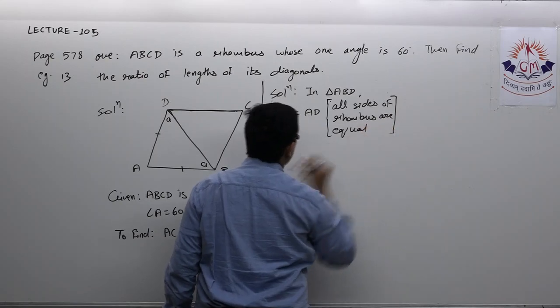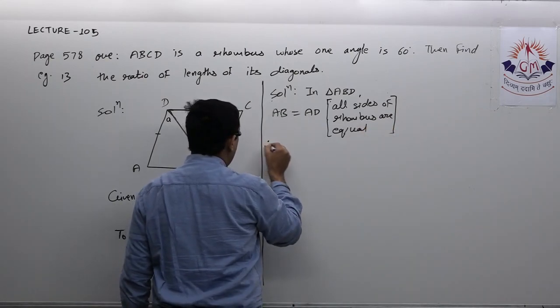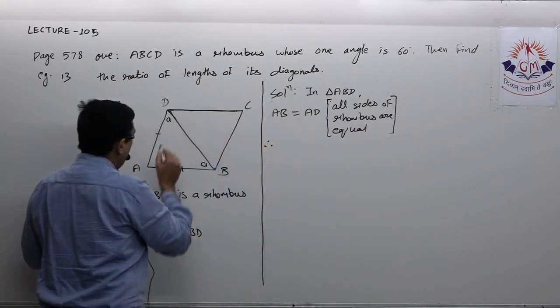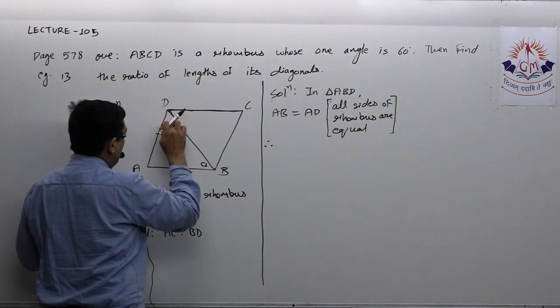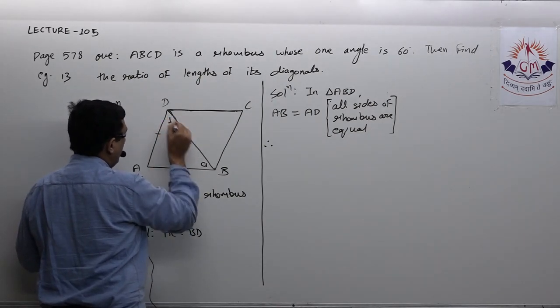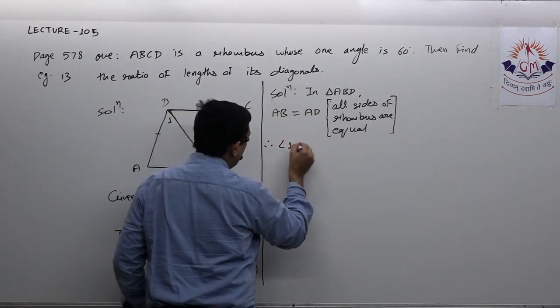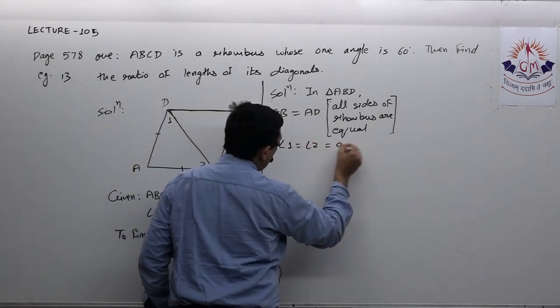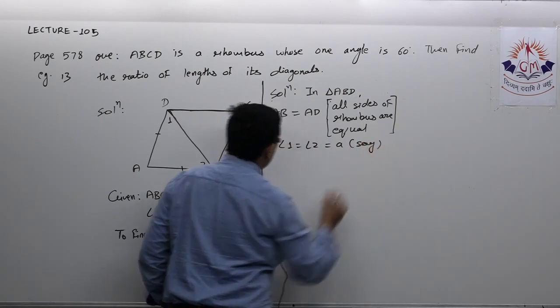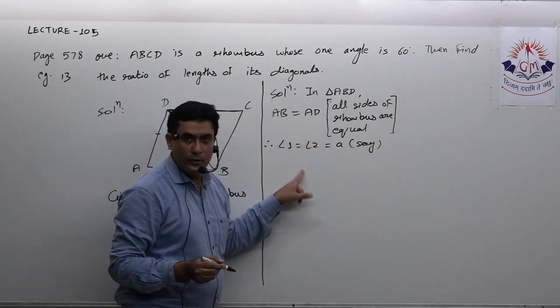Therefore, as AB equals AD, let it be angle 1 and let it be angle 2. Therefore angle 1 is equal to angle 2 is equal to A, as two sides are equal, opposite angles are equal.